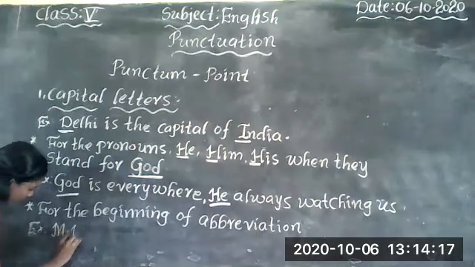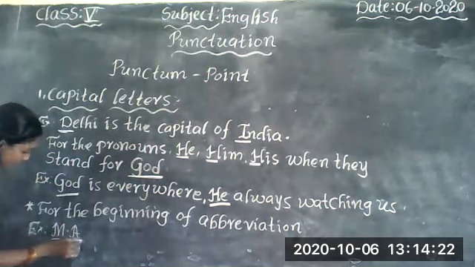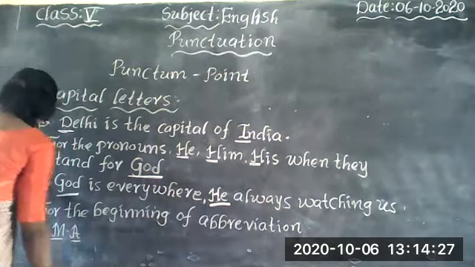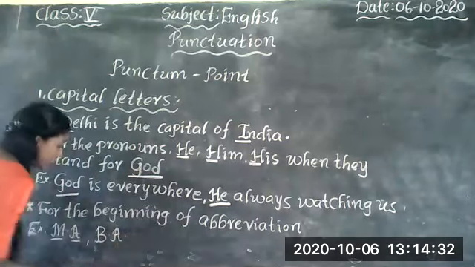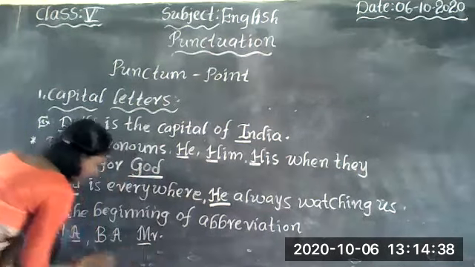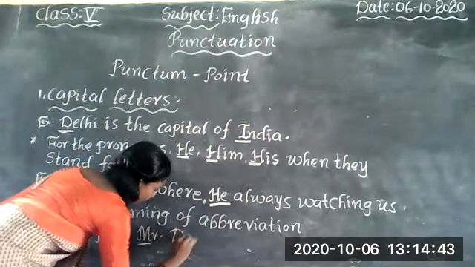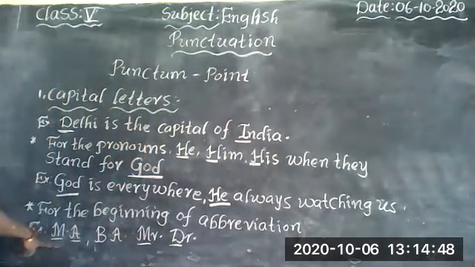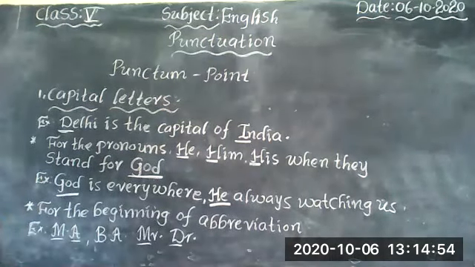MA. MA means Master of Arts. So we have used capital M, capital A here. This full form is Master of Arts. And BA. Mr. Okay, here M I use capital letter. And Dr. The abbreviation is nothing but a short form. So we must use capital letters. Okay, is it clear, students?